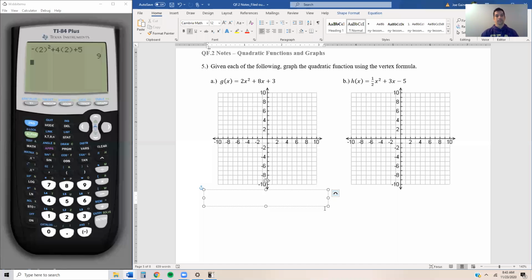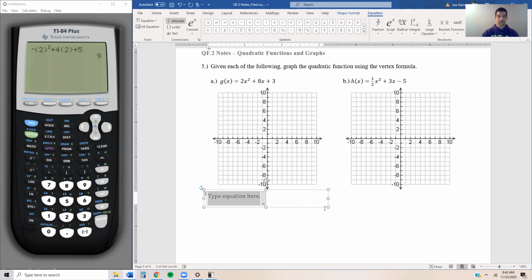In problem 5, it says, given each of the following, graph the quadratic function using the vertex formula. In 5a, they give me g of x is 2x squared plus 8x plus 3. I need to find my x and y coordinates. So h, again, is equal to negative b over 2a.